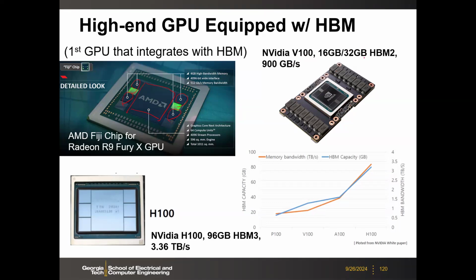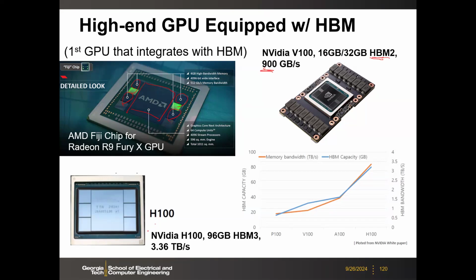And this uses the second generation of the HBM, and the total capacity for the HBM has two flavors. One is 16 gigabytes, one is 32 gigabytes. So the overall system bandwidth is approaching 1 terabyte. Then the latest product, H100, is the most advanced GPU you can have today.